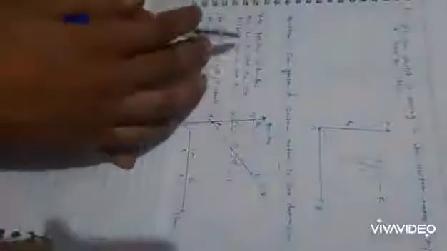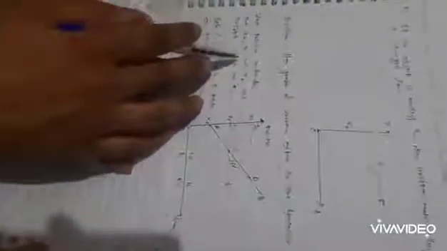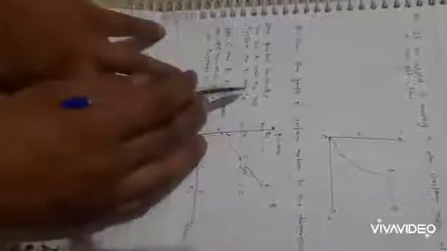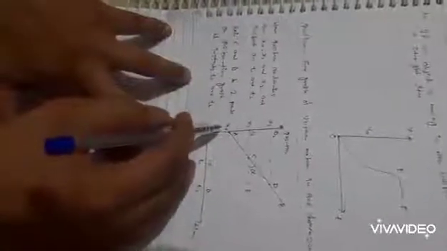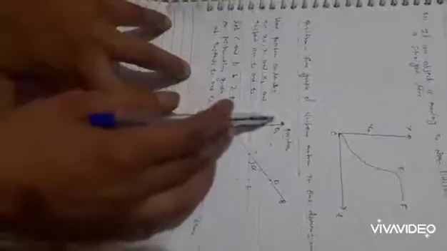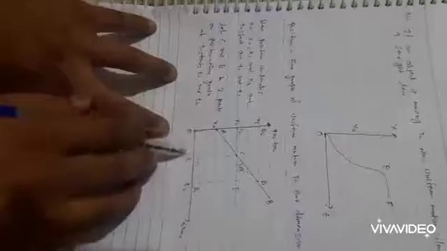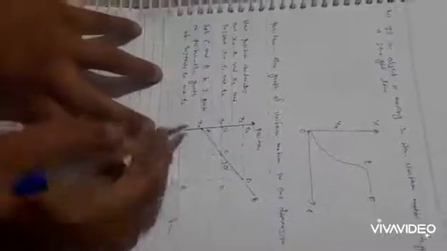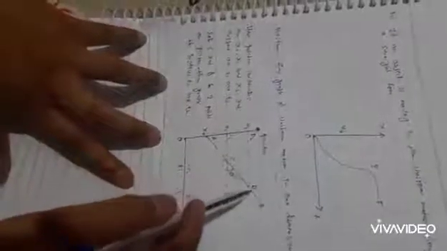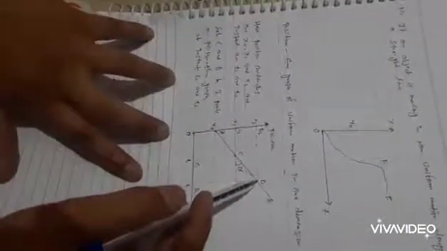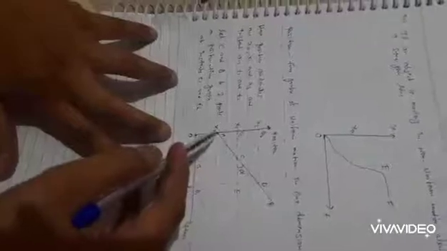Here the position coordinates are x0, x1 and x2. On the y-axis we have position, and on the x-axis we have time. On position we have 3 points, x0, x1 and x2, and we have 2 instants of time, t1 and t2. Now let's take 2 points on the position-time graph.